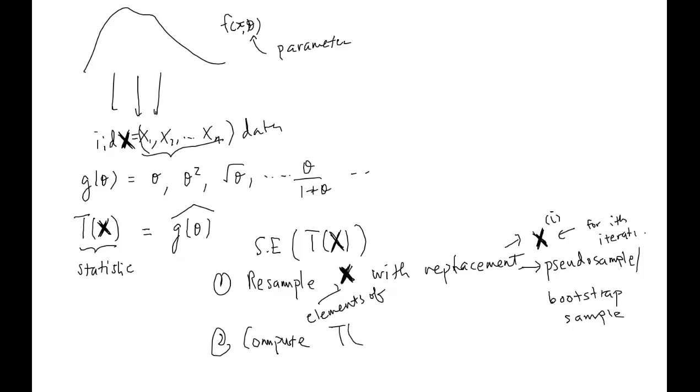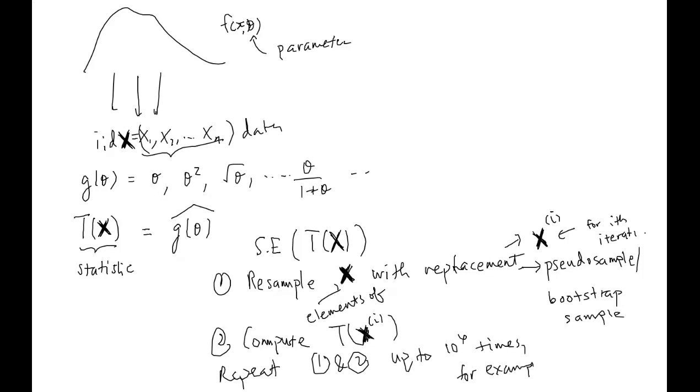Then you compute T on this resampled value. And then you repeat steps 1 and 2 up to, let's say, 10,000 times, for example. So this will give you your bootstrap distribution.